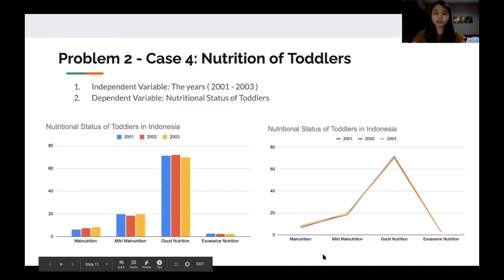The second highest level is mild malnutrition at roughly 20%, and then malnutrition at 7%, followed by excessive nutrition at around 2 to 3%. From the trends in 2001 to 2003, it does not differ on a year-to-year basis, as the percentage levels tend to stay the same, indicating that nutrition levels among toddlers in Indonesia are steady and predictable.